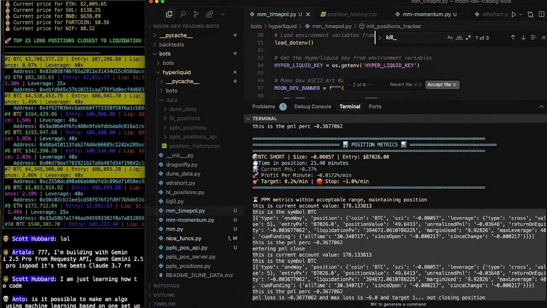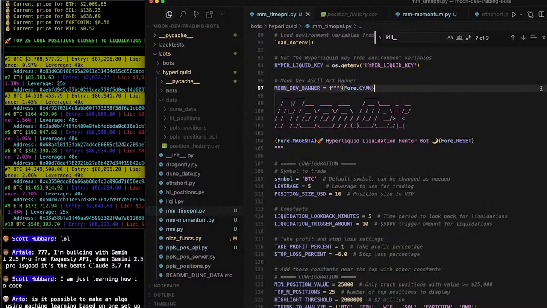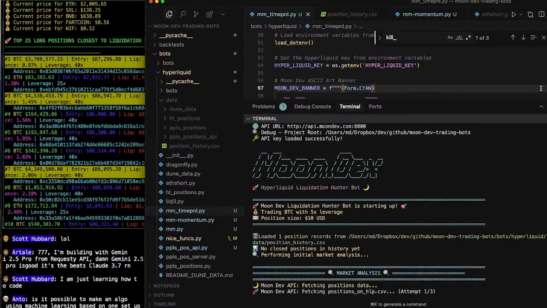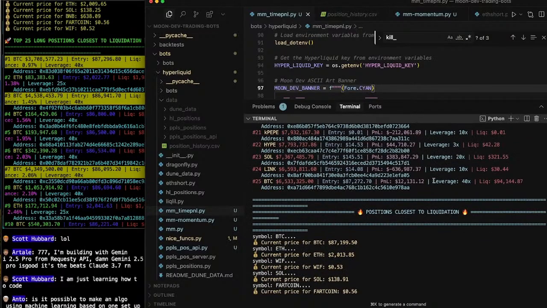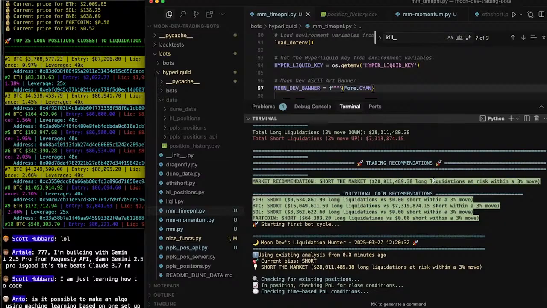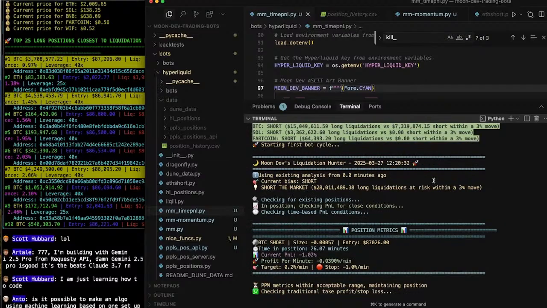Okay, so let's go ahead here and let me modify the position metrics. Perfect. There we go. That's what we were looking for.